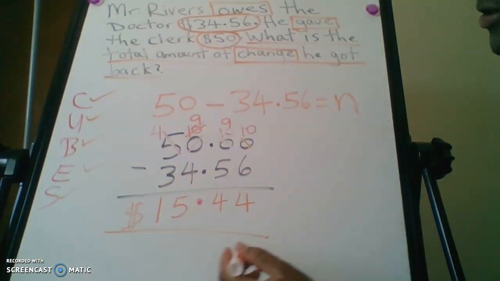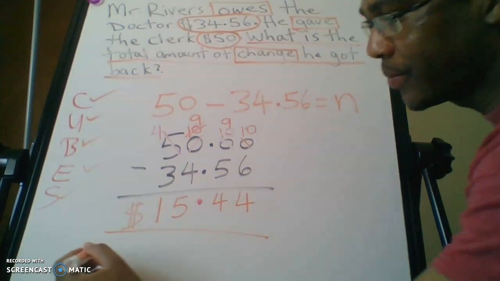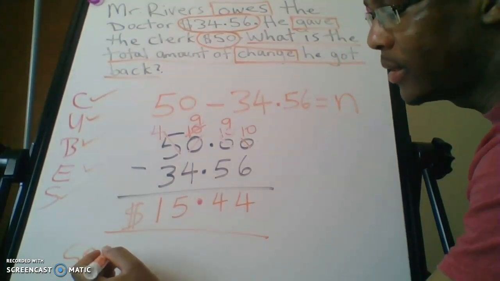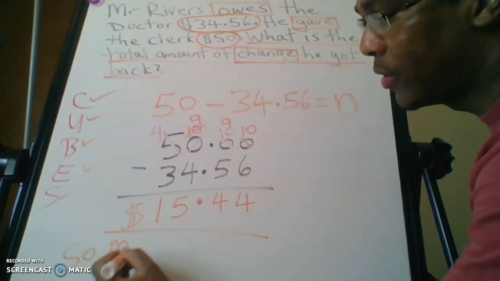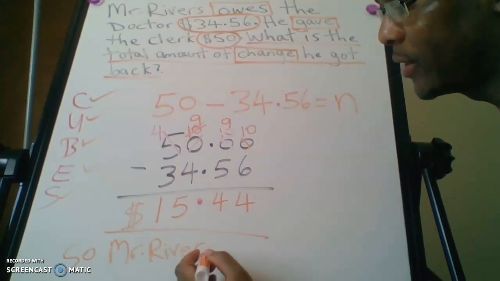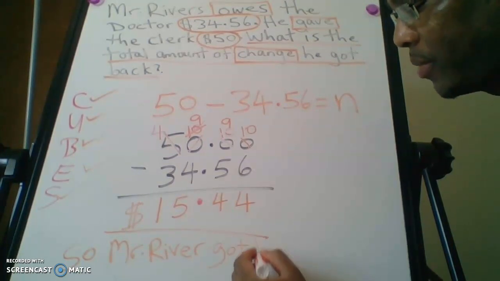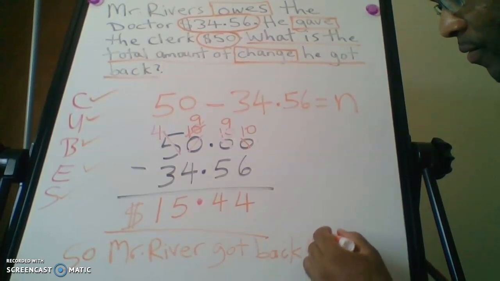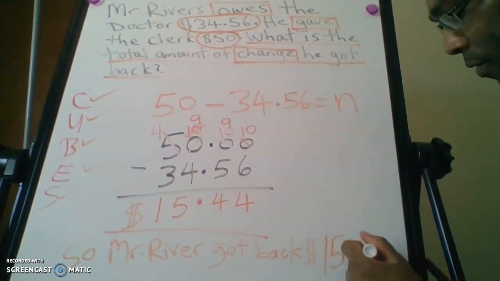So now I know I can write my answer. Mr. Rivers got back $15.44.